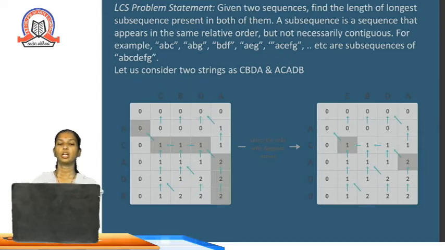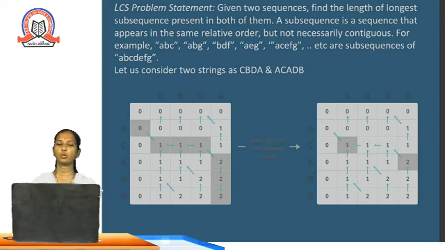Now when A is equal to A, we are supposed to take the help of the diagonal element, and the diagonal element plus 1 is going to be the table entry. Now C and C are compared, so diagonal element plus 1, so that is going to be 1. Then C is not equal to B, so we consider the max of top and left, that is 1.